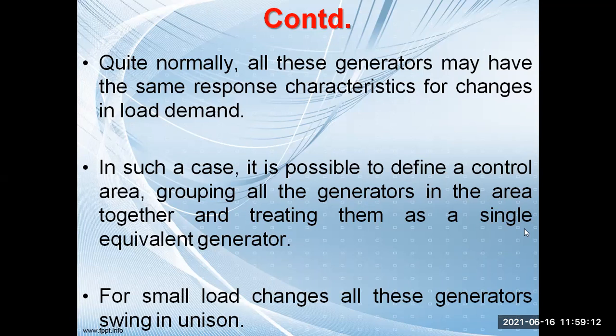For small load changes, all these generators swing in unison. If there is any change in the load, there will be a change in the frequency, and that change will be reflected in the system as a whole, so for all the generators there will be a change in the frequency.